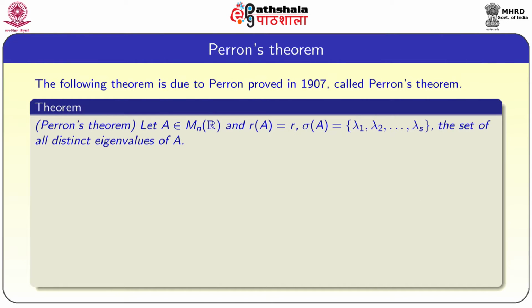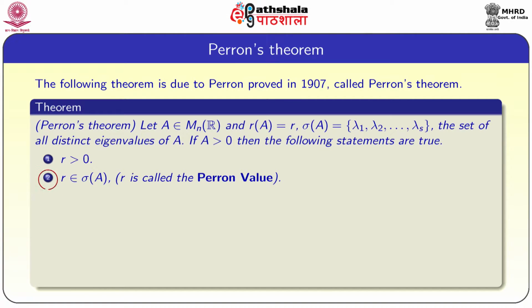Perron's theorem says: let A belong to M_n(R), that means A is a real matrix of size n by n, and R(A) equal to r, that is the spectral radius of A equal to r, and the spectrum sigma(A) equal to {lambda_1, lambda_2, and so on, lambda_s}, the set of distinct eigenvalues of A. If A is greater than 0, then the following statements are true. r is greater than 0, that means the spectral radius is greater than 0, and r belongs to sigma(A), the set of distinct eigenvalues of A, that means the spectral radius becomes an eigenvalue.